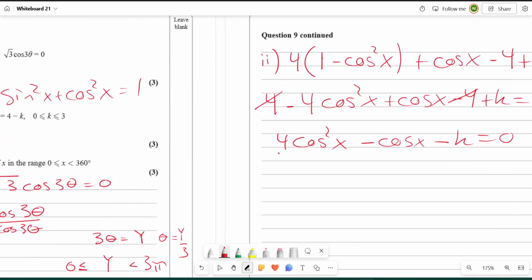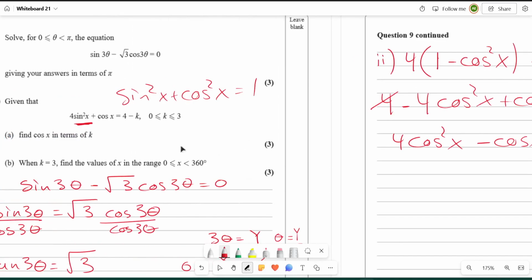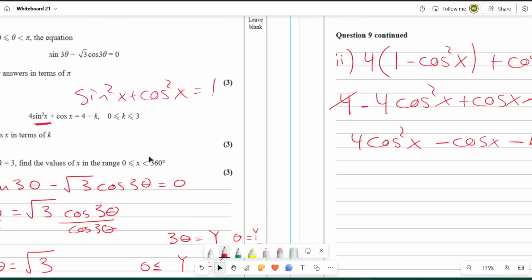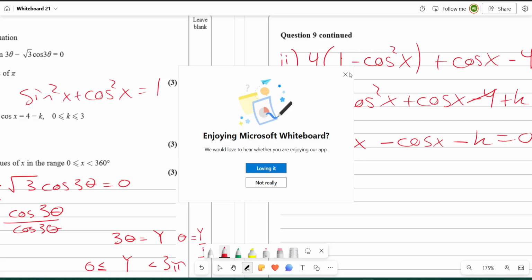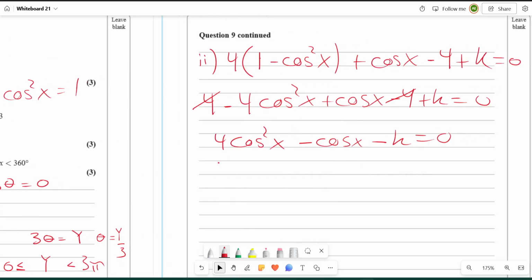The question asks me for a solution for cosine of x, not x. It just wants the solution for cosine of x. So over here, cosine of x, I can find it using the quadratic formula, because this is looking like a quadratic.